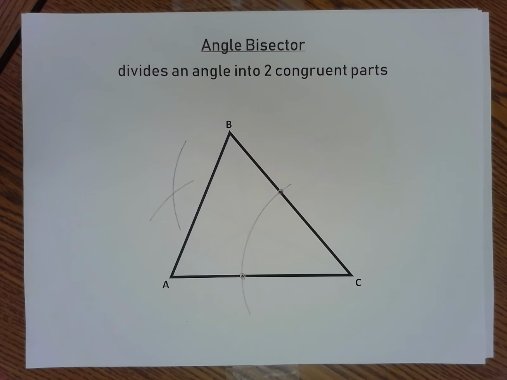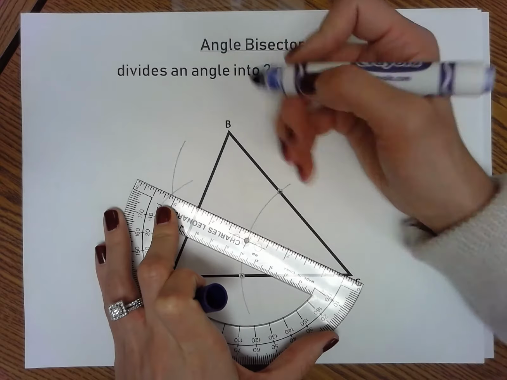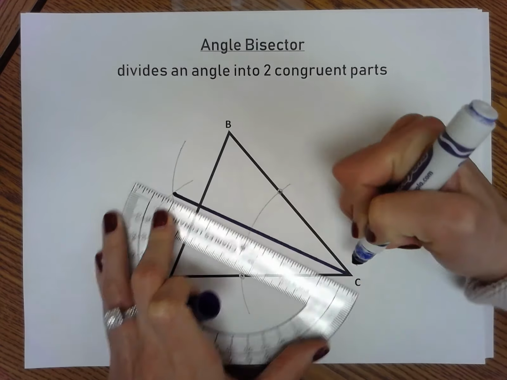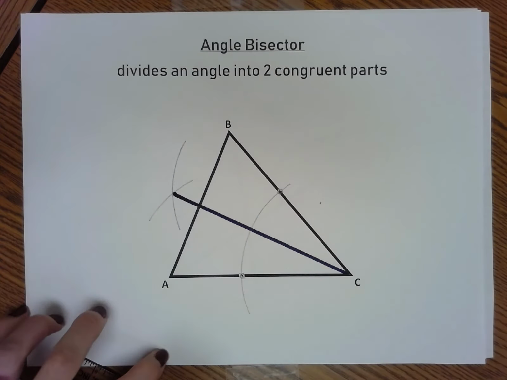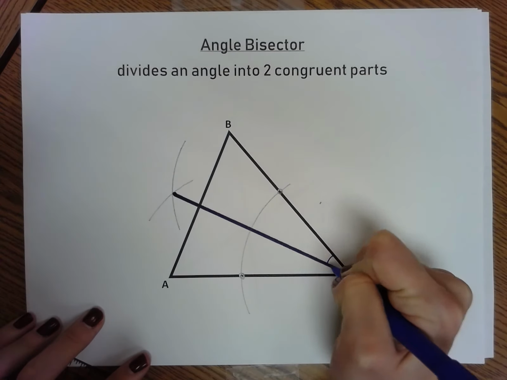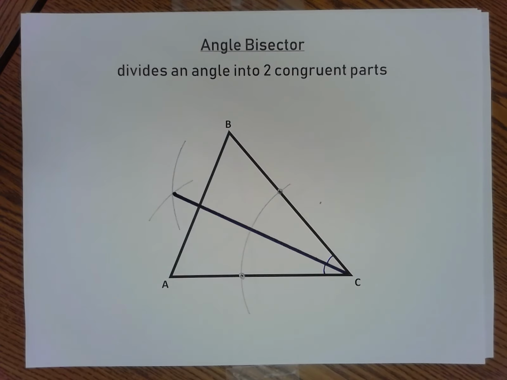Okay, that is what we're going to connect to C. And now that angle is bisected. If it's bisected, that means it forms two congruent angles, so make sure to mark those.